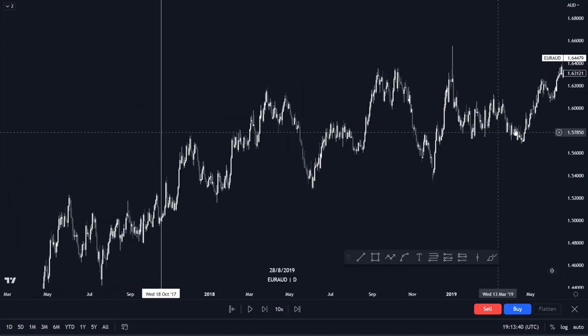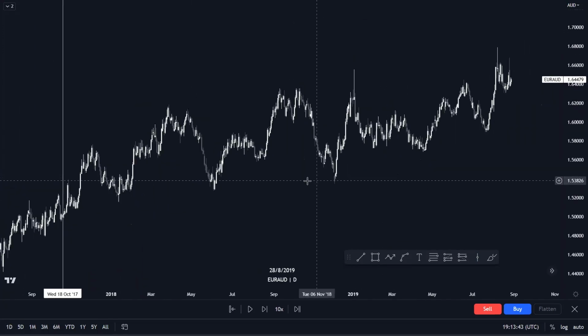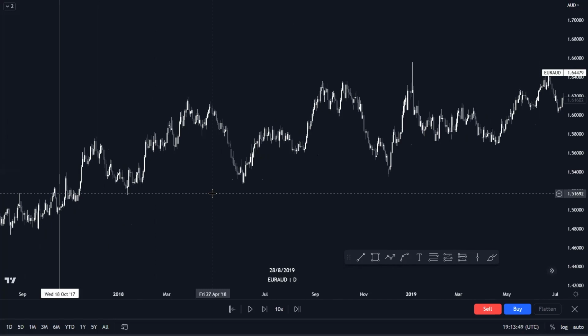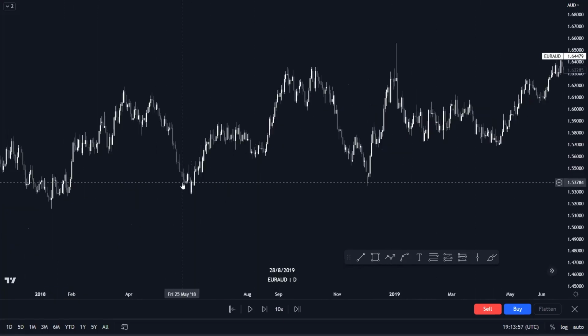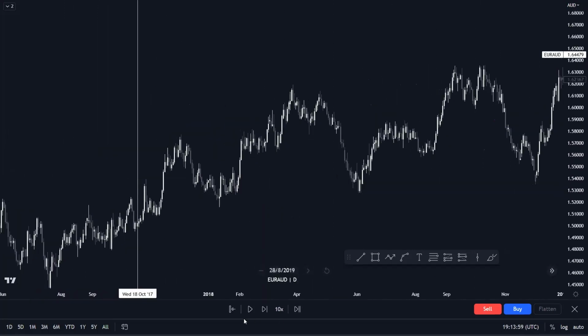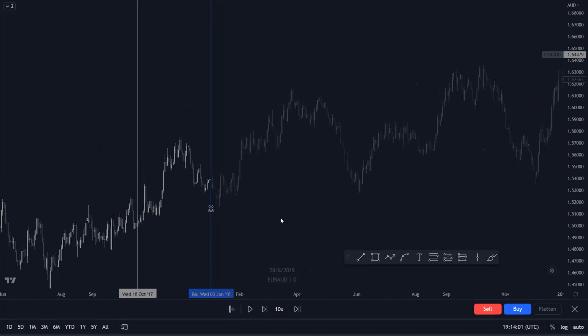As you can see here, Euro AUD has been in a beautiful bullish trend, whereby it's creating higher highs and respecting our higher lows. Okay, so starting off here, let me just do this.